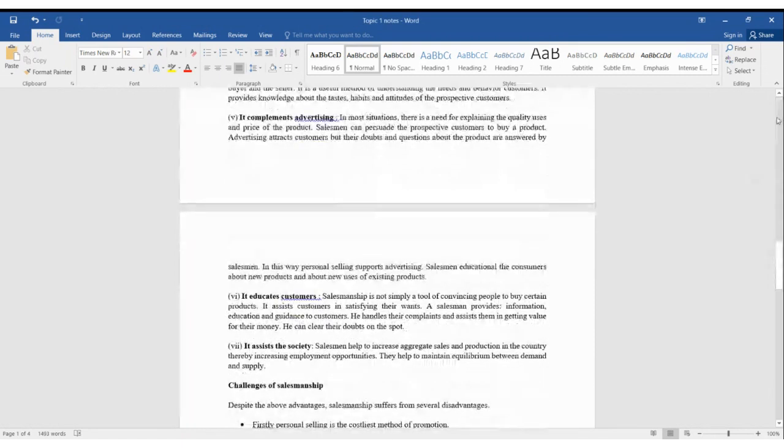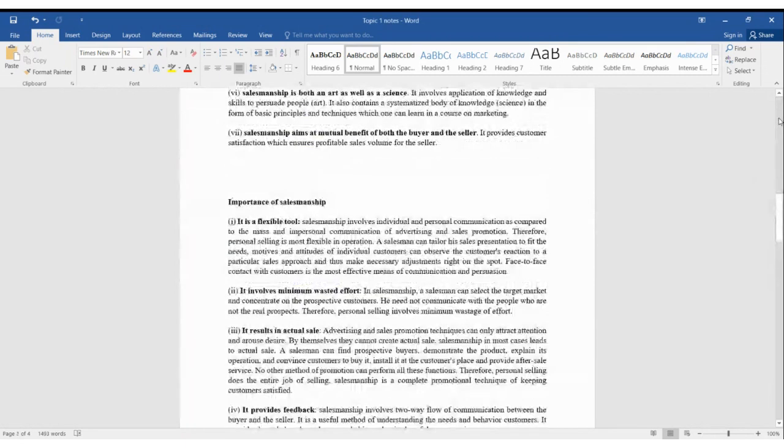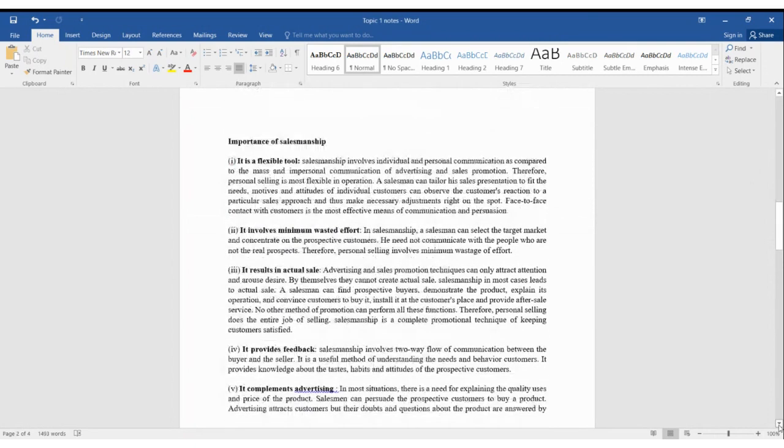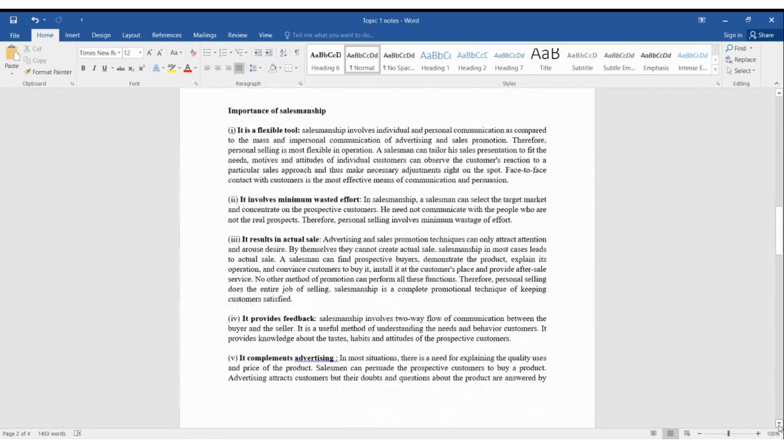Now, importance of salesmanship. As much as we are interested in salesmanship, it's quite important to use it as a technique of promoting products or selling goods to particular groups of customers. One, it is a flexible tool.